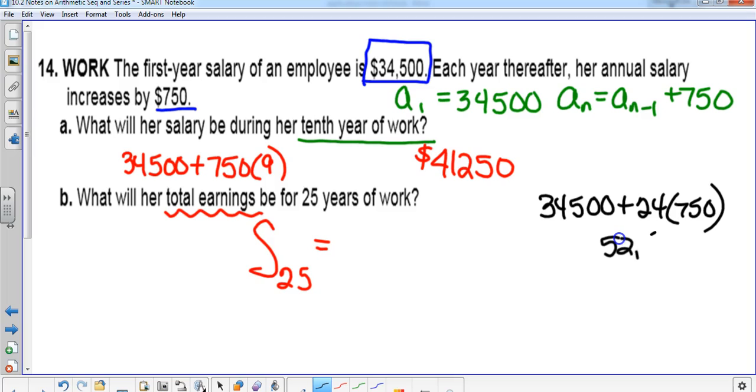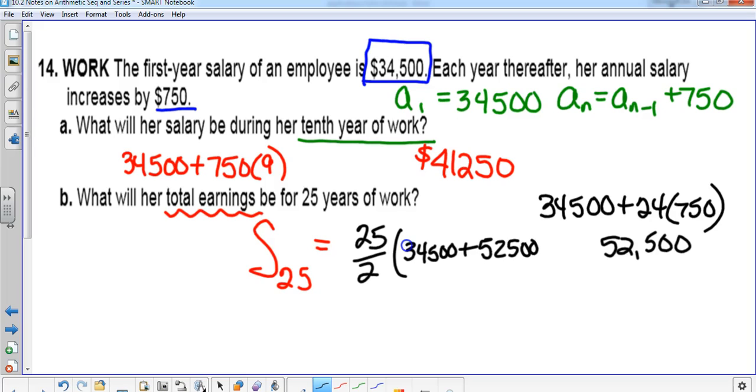Anybody get that? Okay. So then 25 over 2 times the first year plus the 25th year. Anybody get over $1 million?